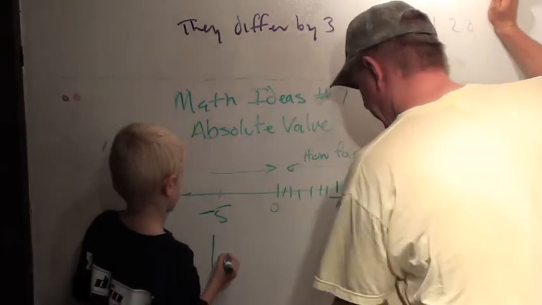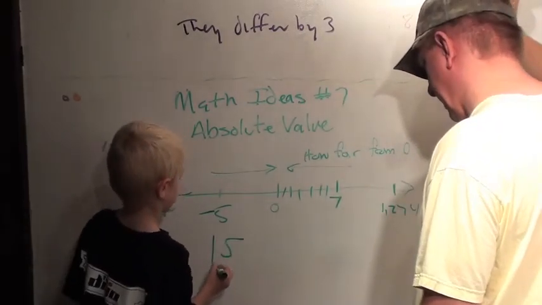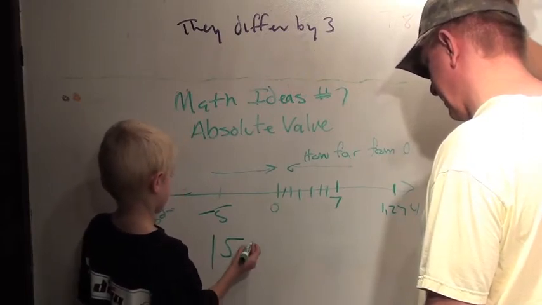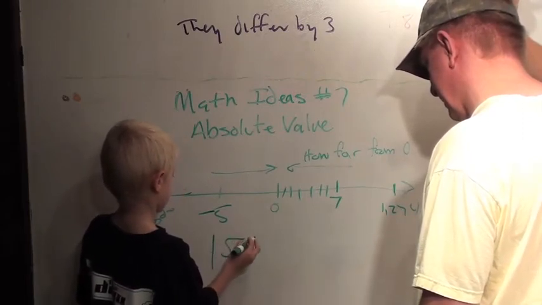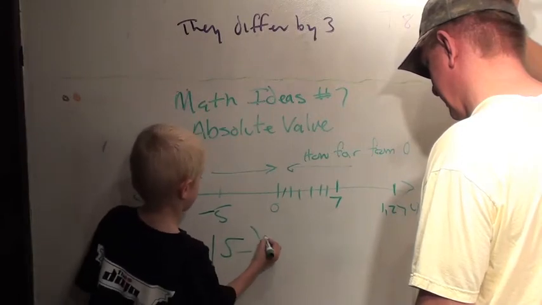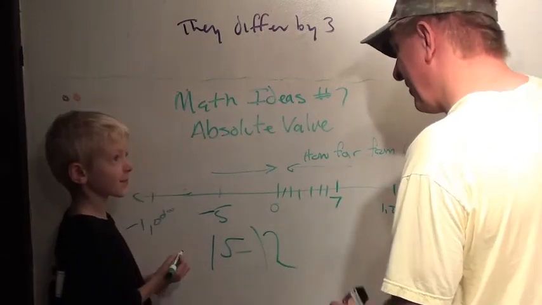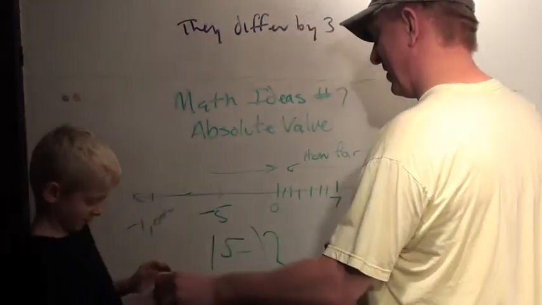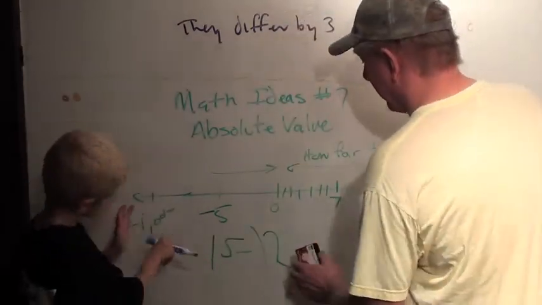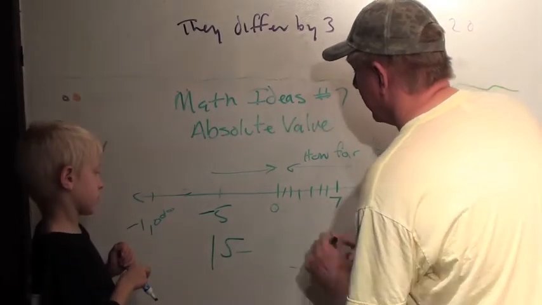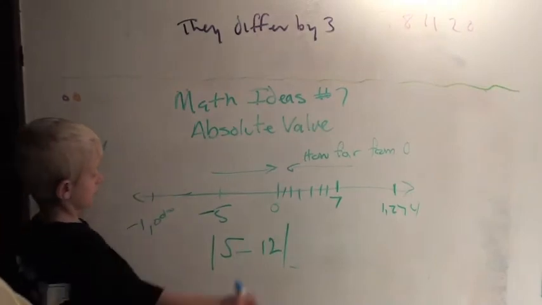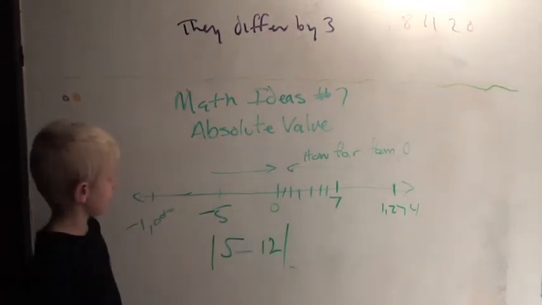The absolute value of 5 minus, ooh, the absolute value of 5 minus 12? Oh my goodness. Okay. Here, I'll rewrite that 12. Okay, so what is the absolute value of 5 minus 12?